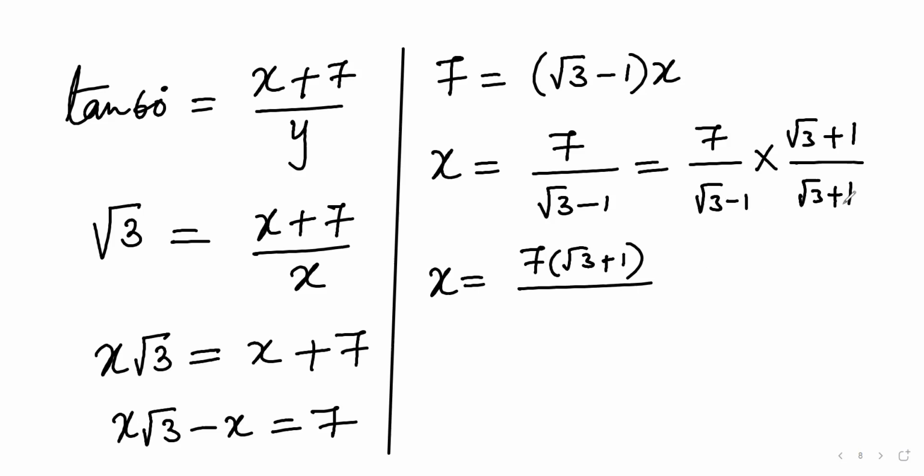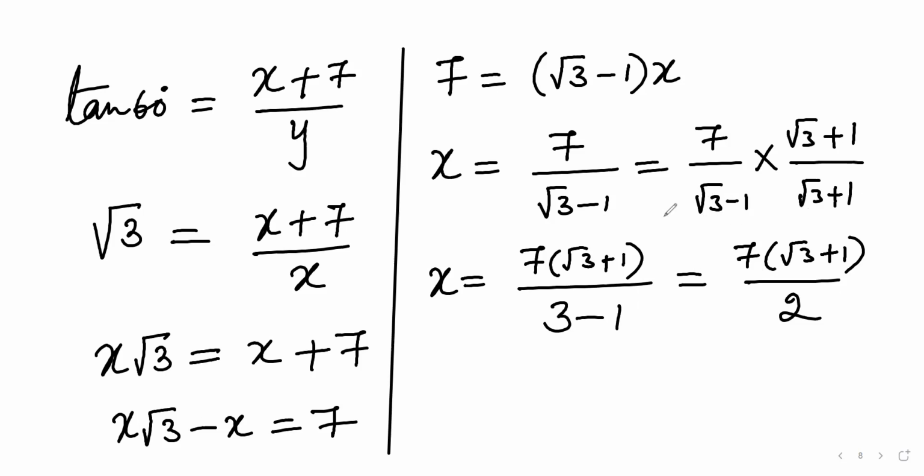In the denominator, it looks like (a minus b) into (a plus b). So that is a square minus b square. A square means root 3 into root 3, root 3 whole square, that is 3 only, minus 1. So we are left with 7 times (root 3 plus 1) divided by 3 minus 1, which is 2.